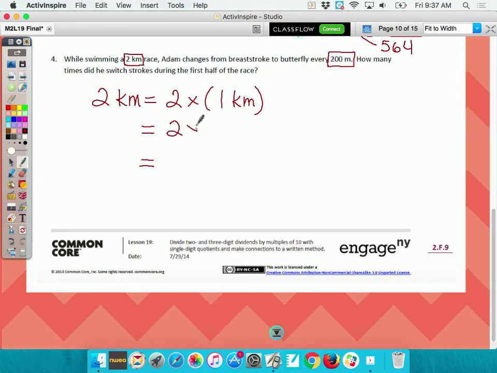And then what am I converting to, Lainey? Meters. So how many meters are in 1 kilometer? 1,000. So I'll go 2 copies of 1,000 meters. So the answer here is 2,000 meters in the whole race.